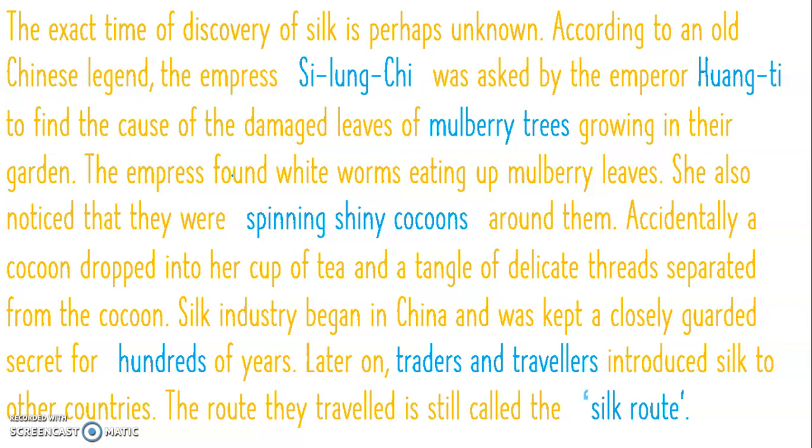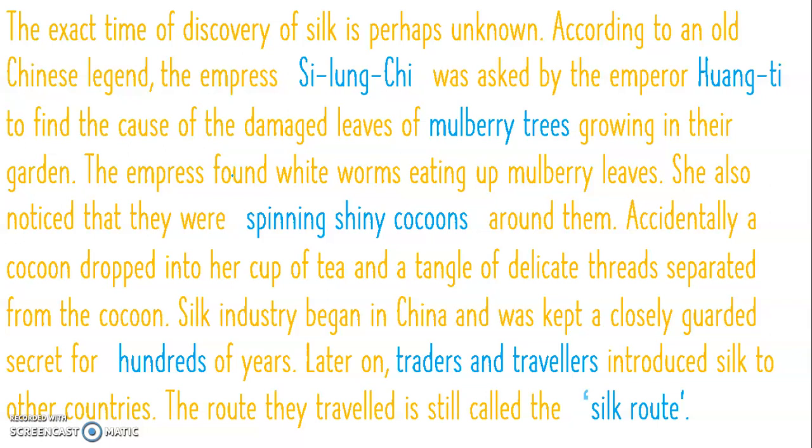She noticed that they were spinning shiny cocoons around themselves. Accidentally, a cocoon dropped into her cup of tea, and the tangle of delicate threads separated from the cocoon. So the cocoon is made up of small threads, no?